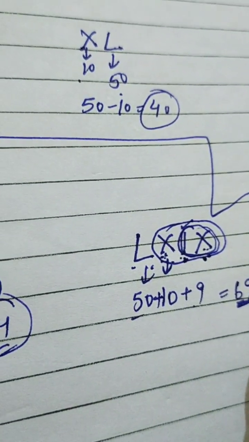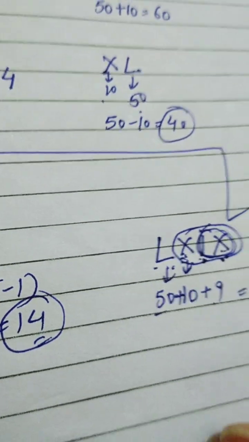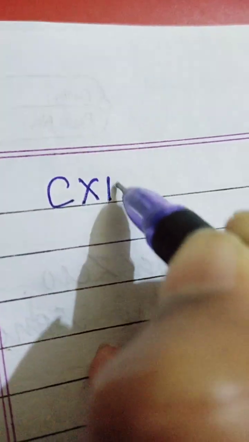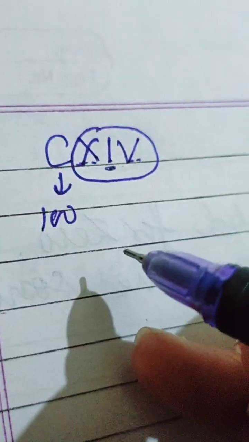Yes, so following these rules you may write all the Roman numerals into Hindu Arabic and Hindu Arabic into Roman numerals. If one more example you can see, CXIV. C means 100 and here you can see between the two bigger numbers one smaller number is there.